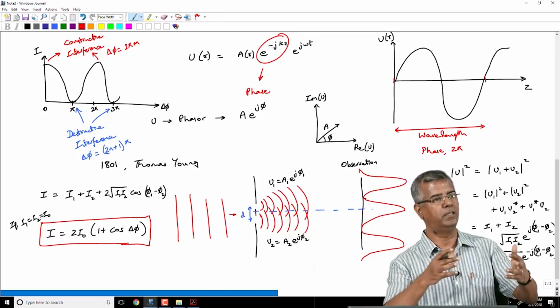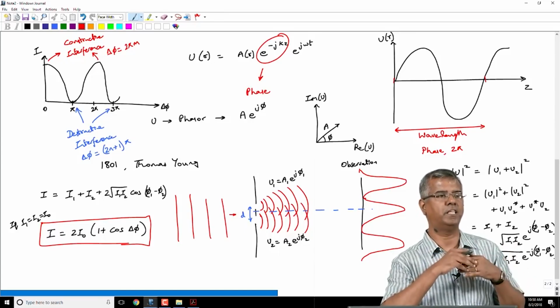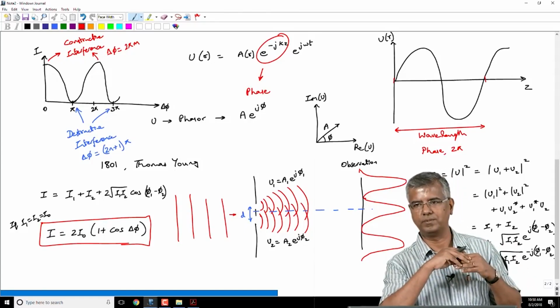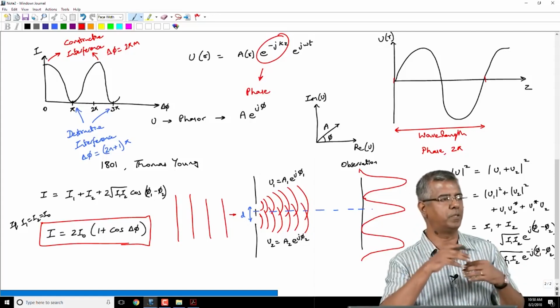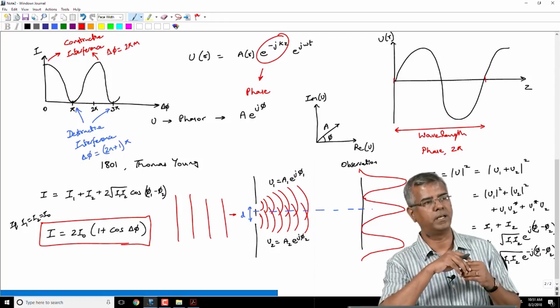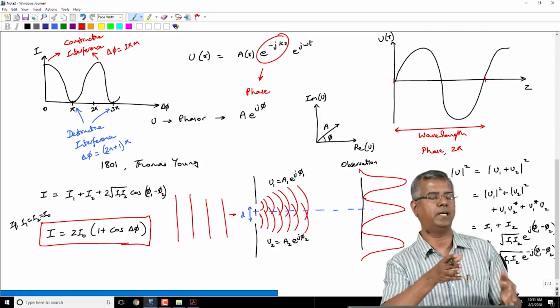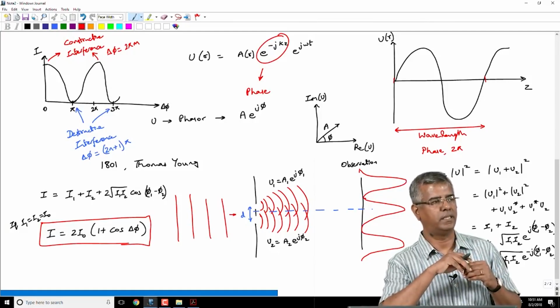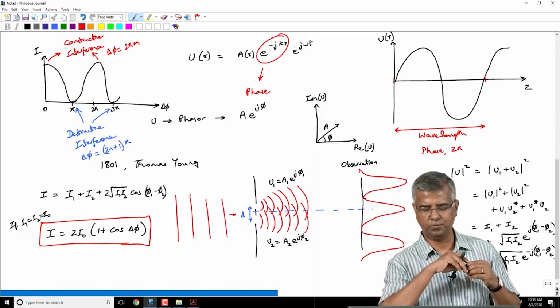You just model the propagation phase that it accumulates, and you just compare the phase between the light beams that are coming together, okay. And based on that you can actually see constructive and destructive interference.